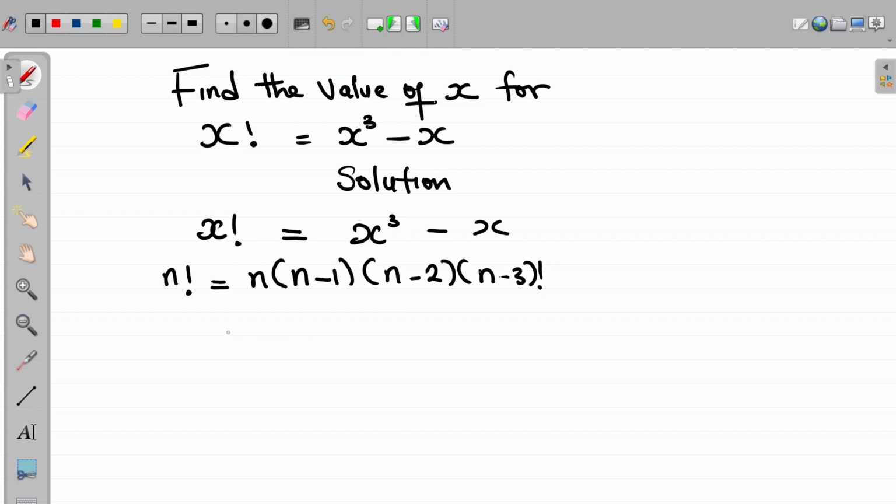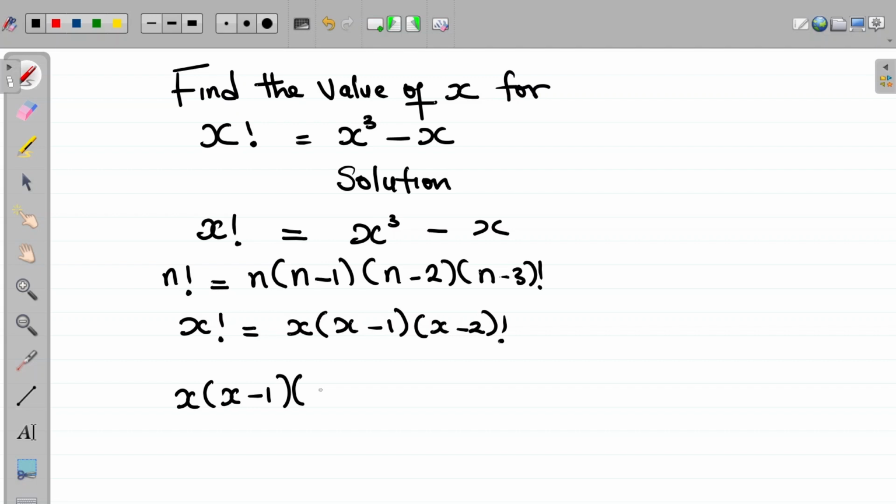So therefore, if we consider x factorial, this becomes x multiplied by x minus 1 multiplied by x minus 2 factorial. Hence, our equation becomes x bracket x minus 1 multiplied by x minus 2 factorial equal to x cubed minus x.